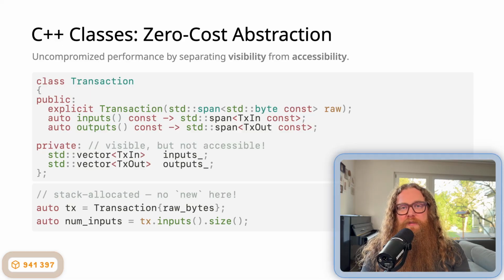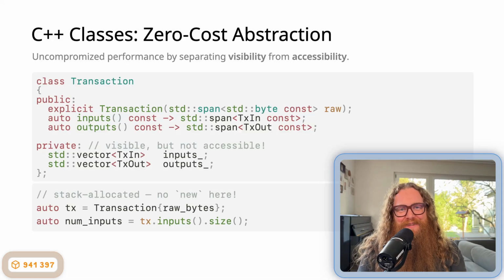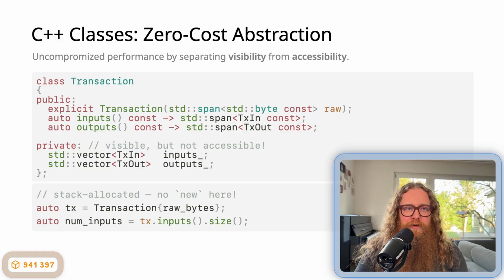But the key difference here is that the implementation detail is visible. It's just not accessible. It's visible, but it's behind this accessibility specification here after the private keyword. And you see here down below how clients are supposed to use this.